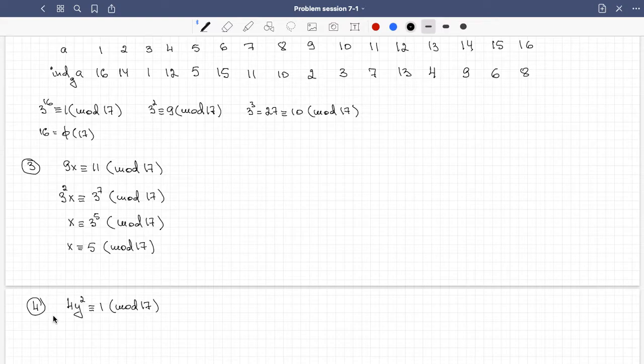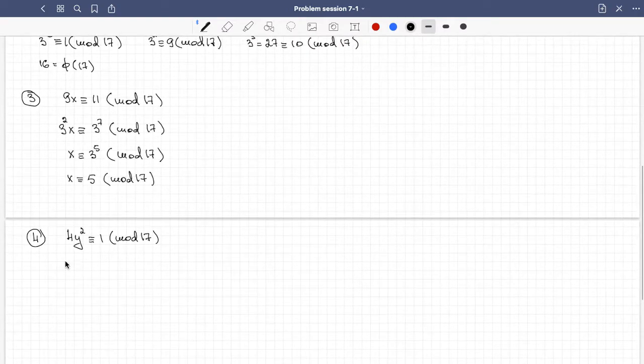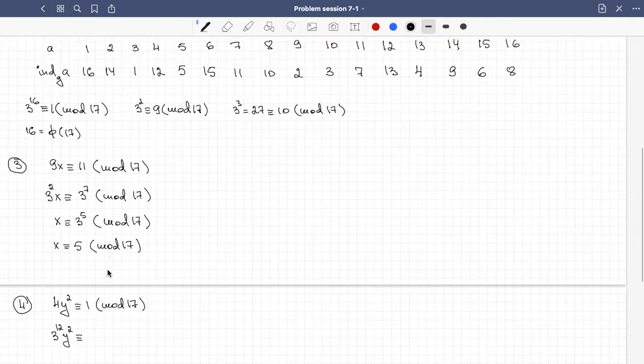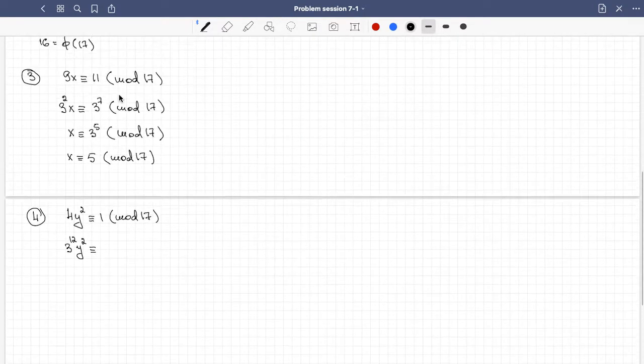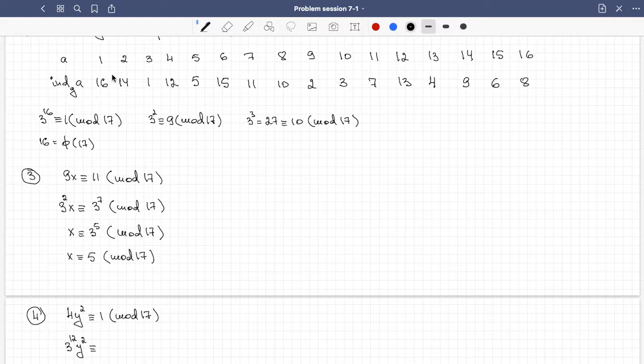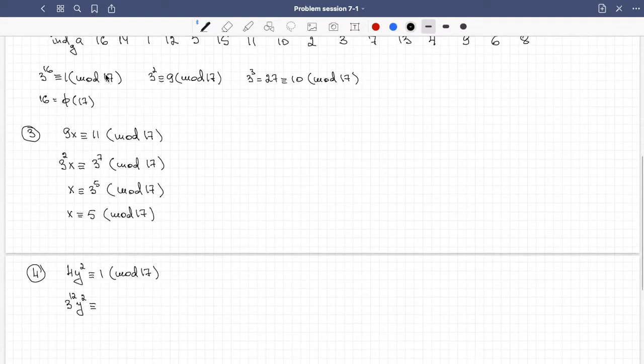So 4 is 3 to the 12. We write 3 to the 12 y squared is congruent to 1, and 1 is congruent to 3 to the 16.